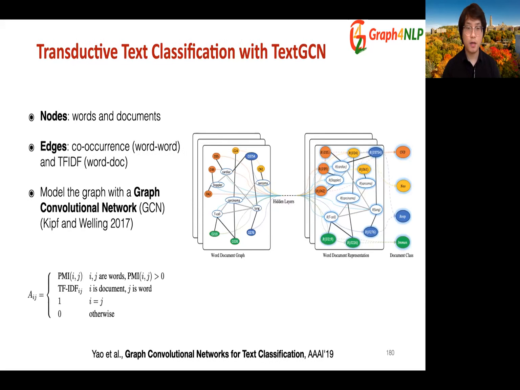Basically, they construct a graph where the nodes are words and documents in a corpus, and the edges are co-occurrence edges or TF-IDF edges between each word and document. Then they model the graph with a graph convolutional network and perform node classification. In this way, we can get the label for the document node.